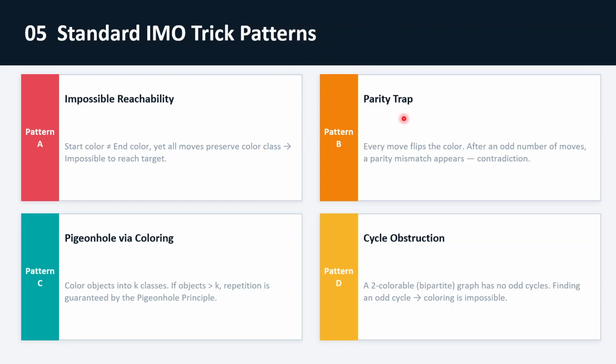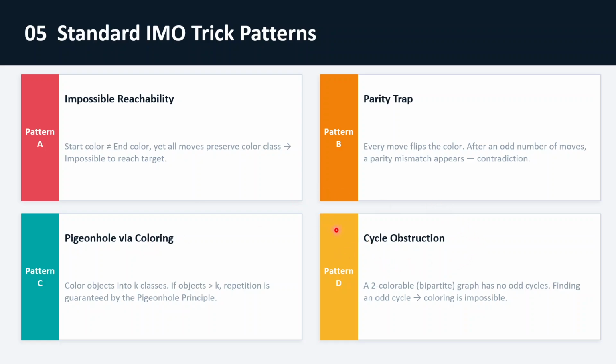If you don't understand this, you should definitely see the lectures I've uploaded before on invariance, modular arithmetic, and the 10 problems I've solved. Those are the basement, so that if you look at those videos, you can understand this video. Pigeonhole via coloring, I'll be covering this one later on, so today let's just ignore it.